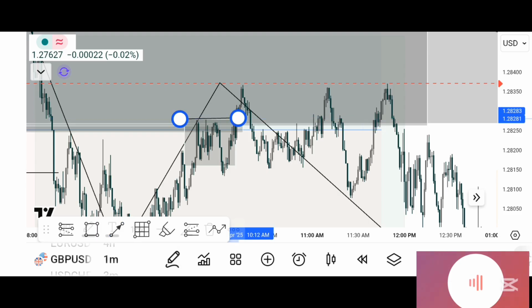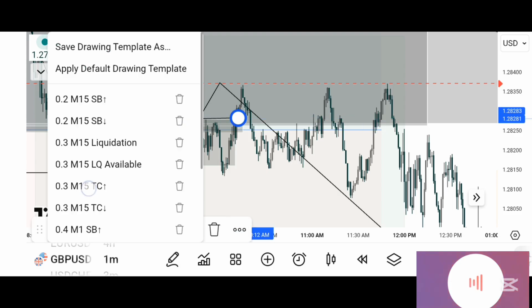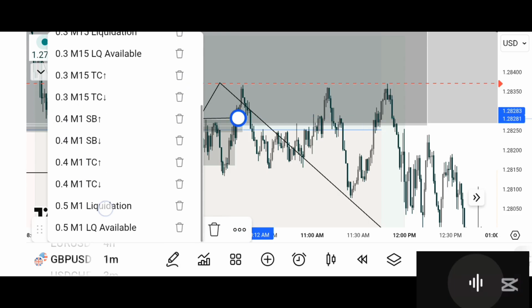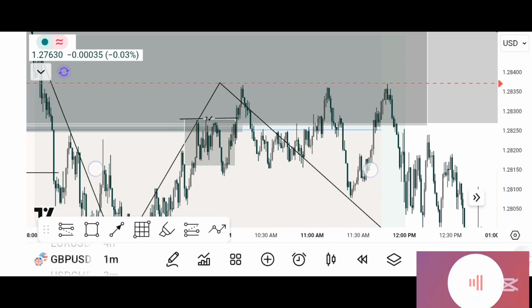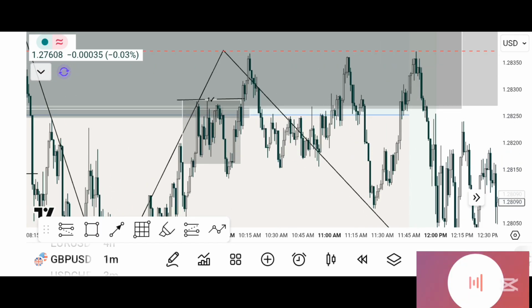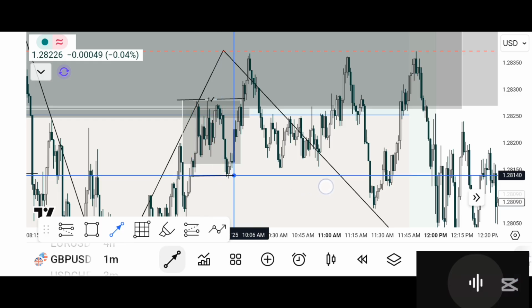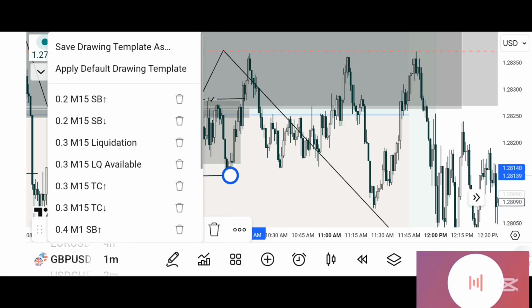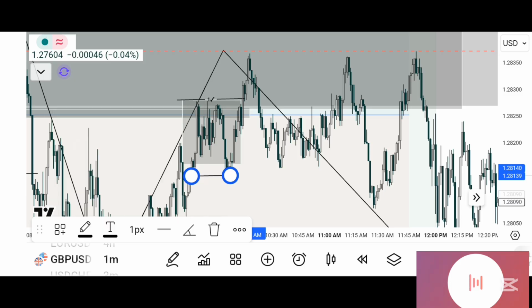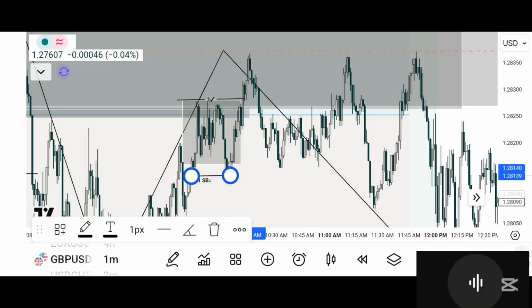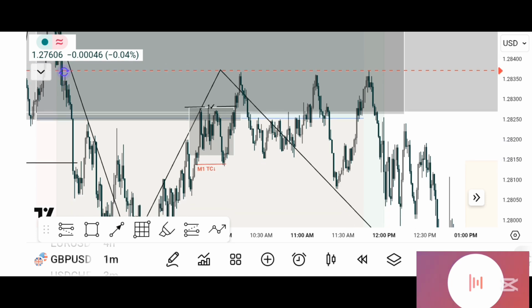This is what I call my M1 liquidation. You see, it's price sweeping liquidity, because for me, whenever I see a structure breakdown on the 1 minute, rather a change of character down on the 1 minute, that is a liquidation criteria for me above.